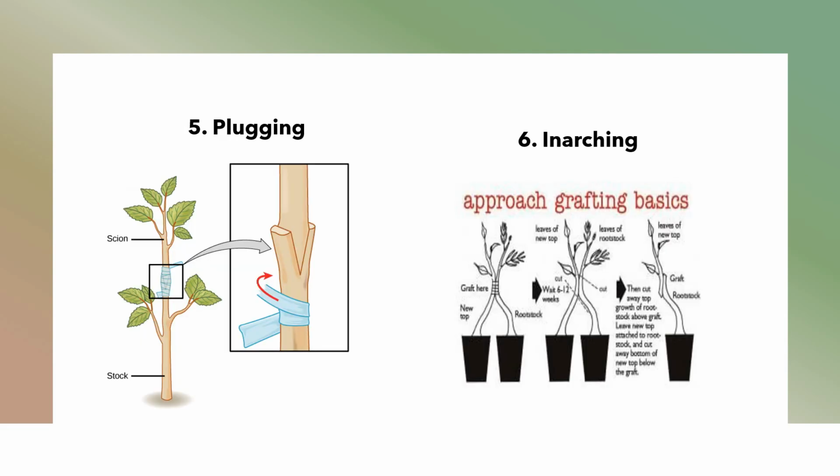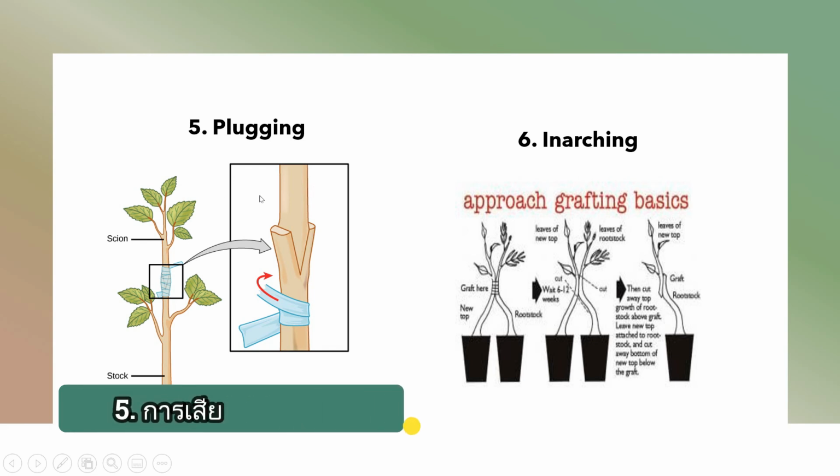Another one here we have plugging. This is another method of propagating plants, and you can produce another plant fast and easy.